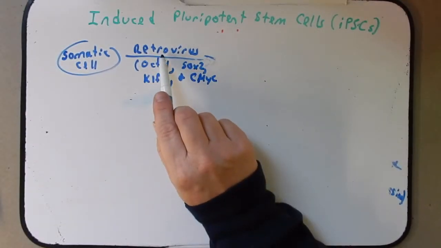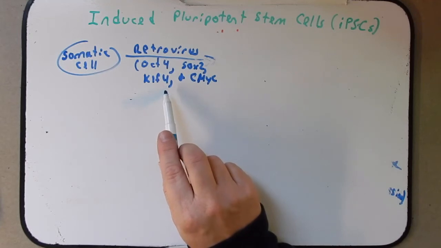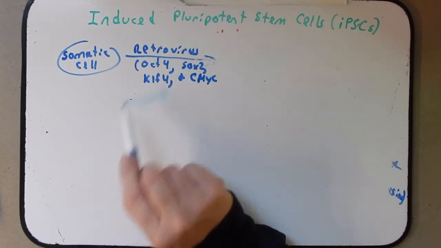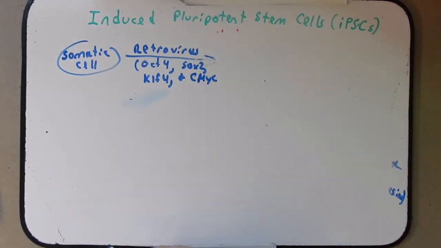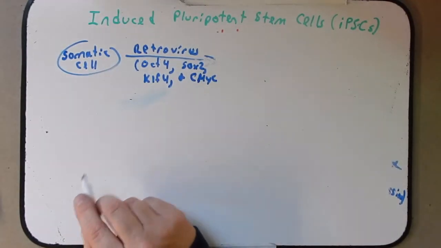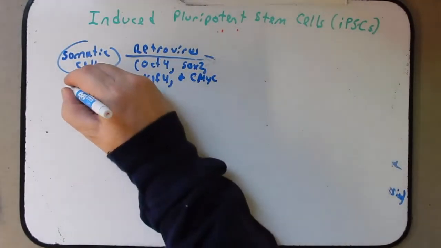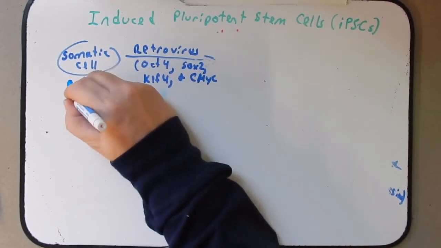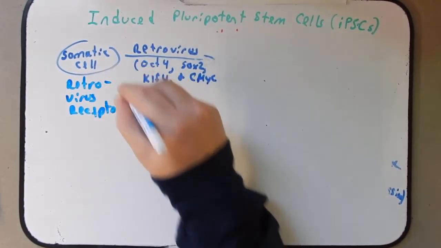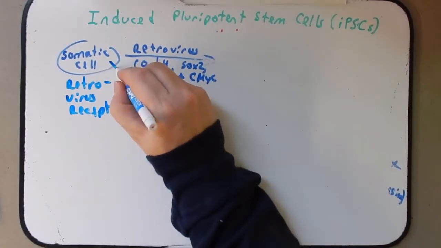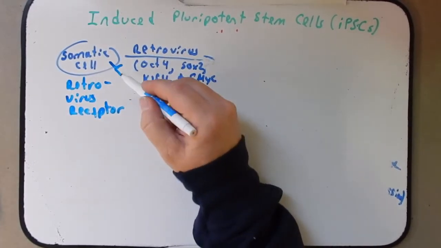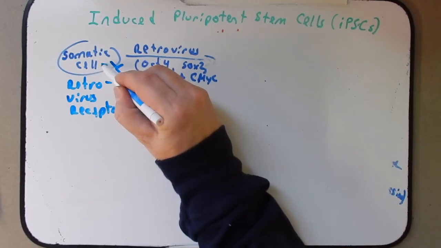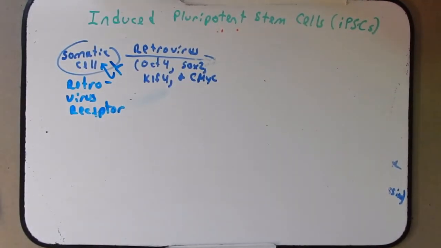They hypothesized that one of the reasons this retrovirus wasn't working as well is that the retrovirus had a hard time entering the cell. So what they did was they took these somatic cells before they gave them the retrovirus and introduced into them a retrovirus receptor, one that could specifically bind to the retrovirus to allow for a more efficient incorporation into the somatic cell.